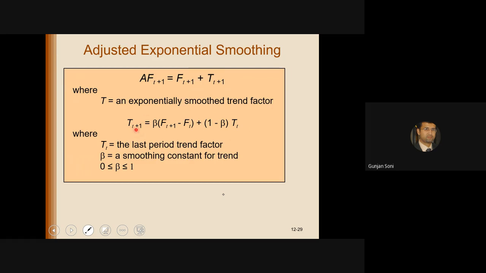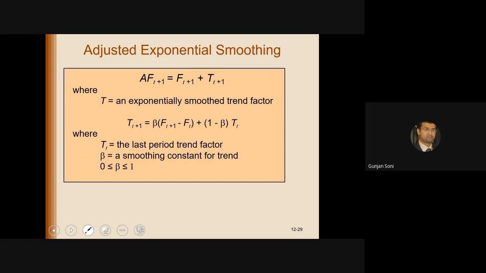And how do we find the trend factor? Using beta, which is also called the smoothing constant for trend. F(t+1) minus F(t) is a simple calculation which we already have from the previous data and calculations, and T(t) is the trend factor for the current period, and T(t+1) is the trend factor for the next period.